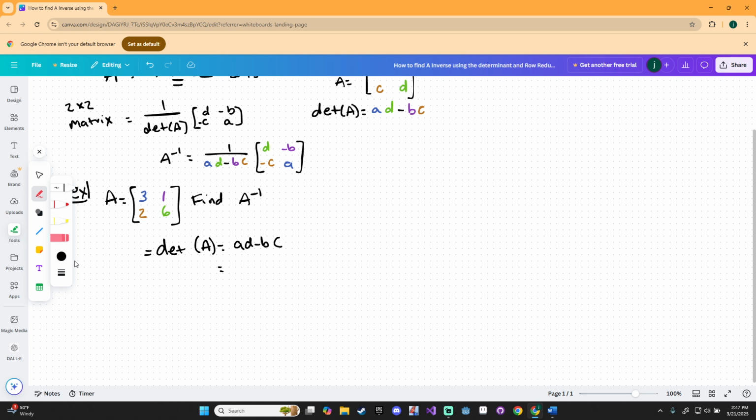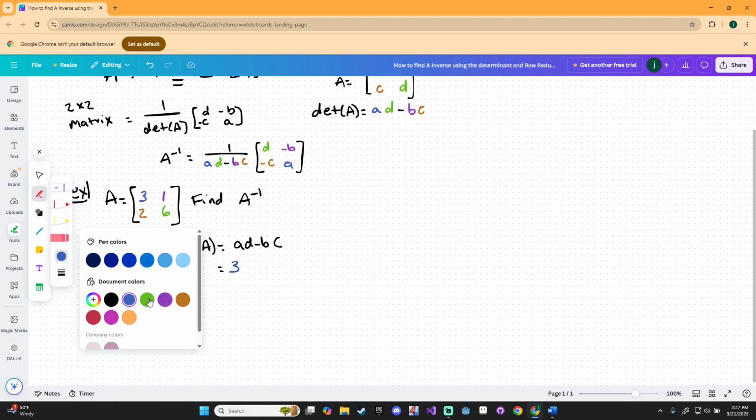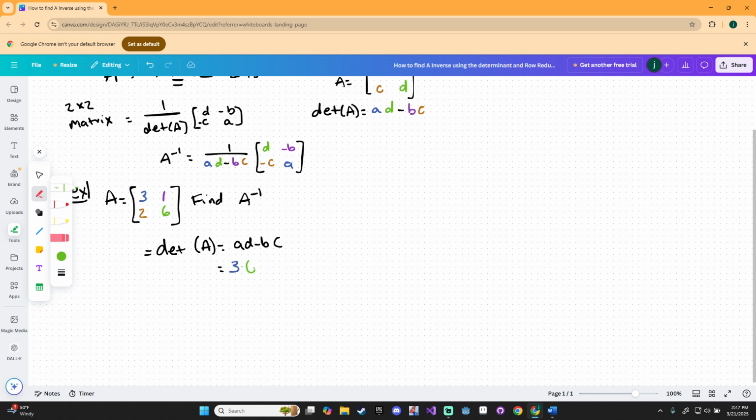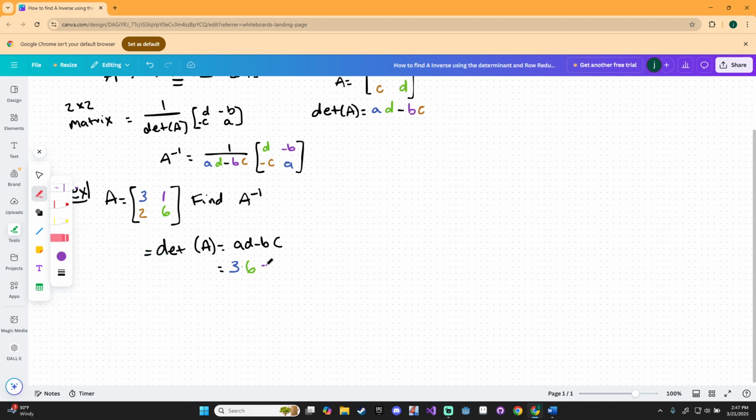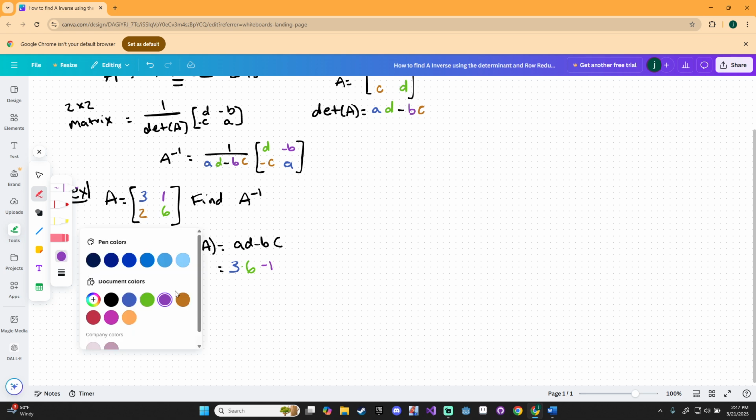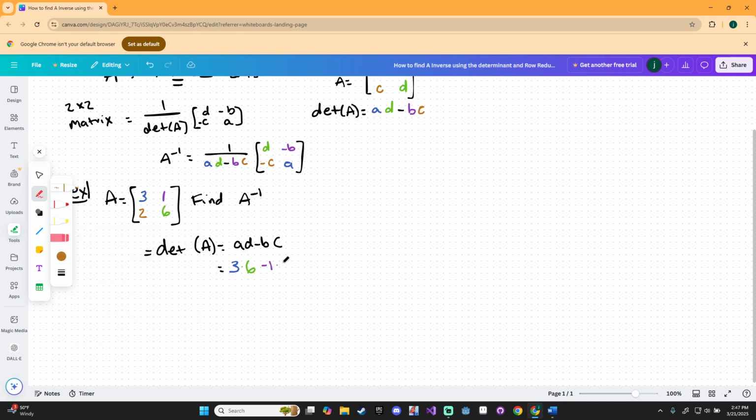In this case, we're going to have 3 times 6 minus 1 times 2, which is going to equal 18 minus 2, which equals 16.